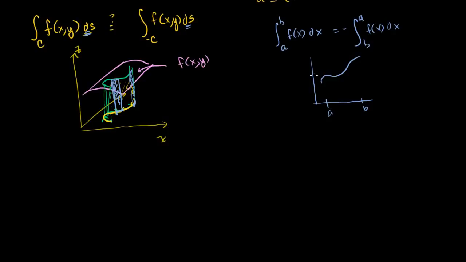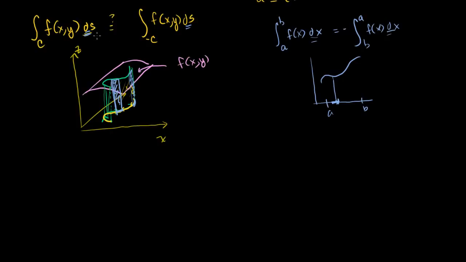When you go in that direction, your dx's are always going to be positive, right? Each increment, the right boundary is going to be higher than the left boundary, so your dx's are positive. In this situation, your dx's are negative. The heights are always going to be the same. They're always going to be f of x, but here your change in x is a negative change in x when you go from b to a, and that's why you get a negative integral.